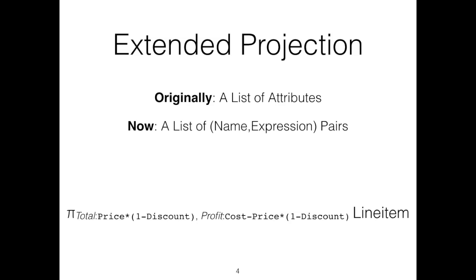So total colon price times 1 minus discount means produce a new attribute total, and to compute total, evaluate price times 1 minus discount. So if I wanted to do just a regular projection, let's say I wanted to keep price and discount, I could do price colon price and discount colon discount.